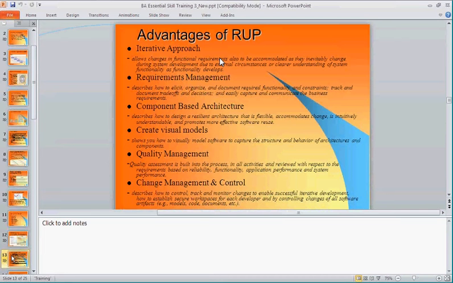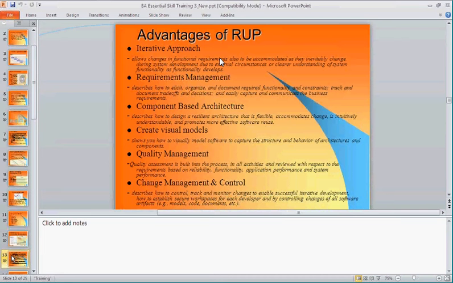But if you can't visualize it, then you can't build it. So the Rational team understood the importance of creating visual models, and that is a huge, big advantage of RUP methodology. Okay? When you build those models, you know how it looks, how it feels, how it works. You can anticipate.